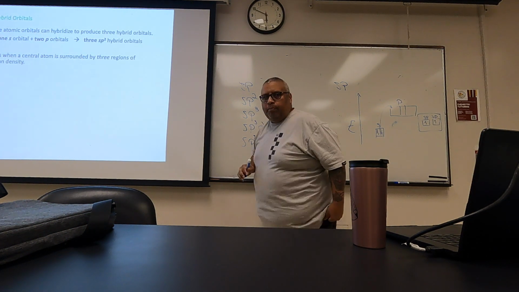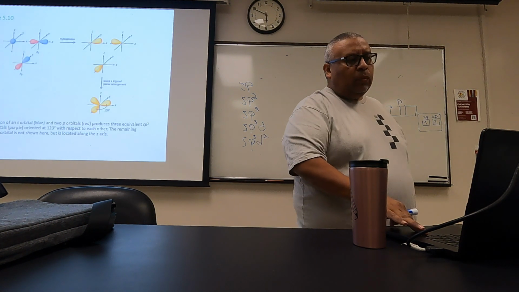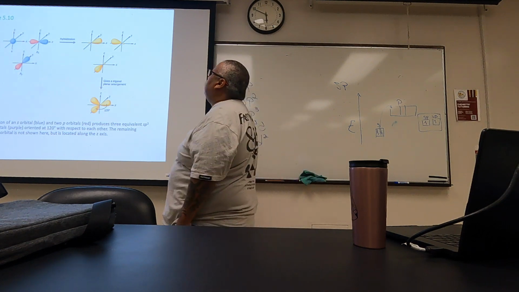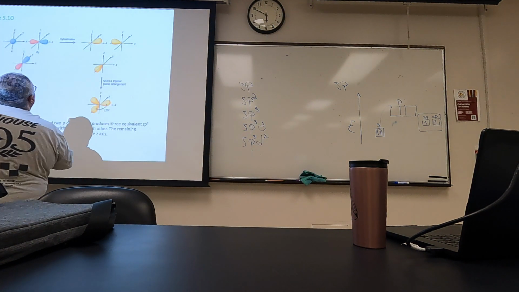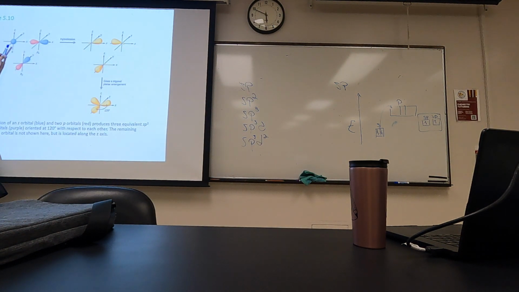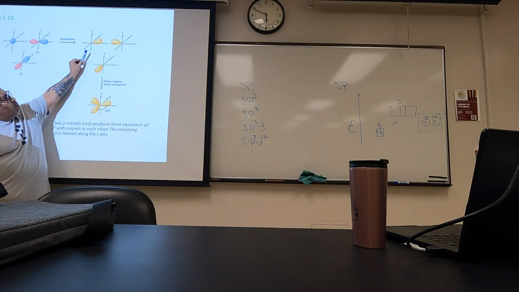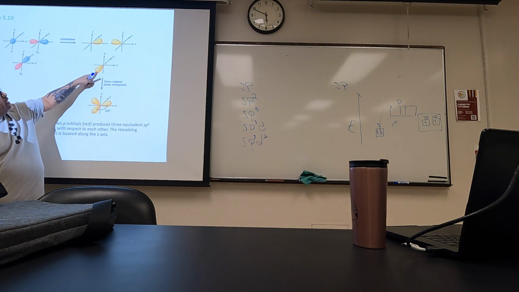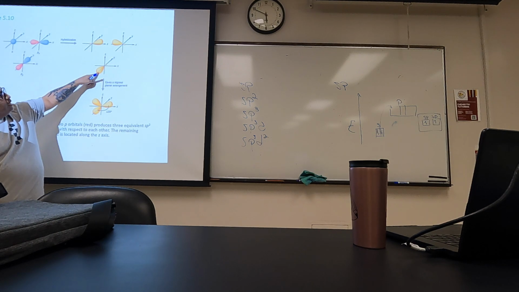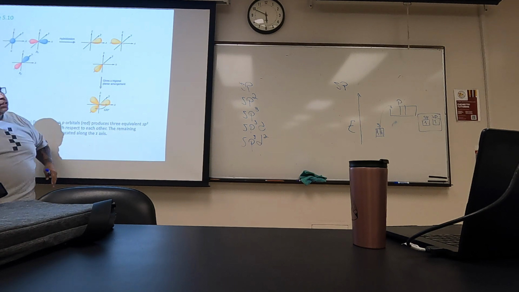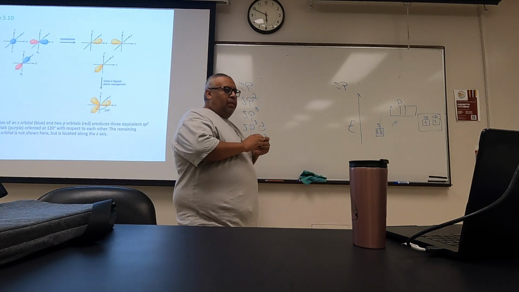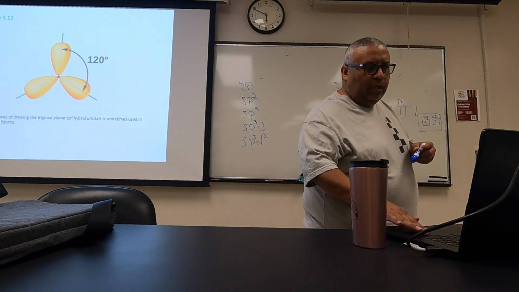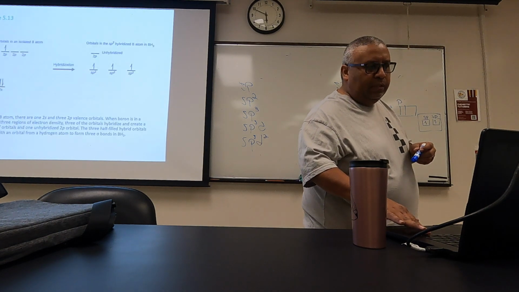When they're rearranged, we have an overlap here, and we create these orbitals with a small area of electron density but a large area of electron density. These combine in these three areas, and we get something that's considered sp2 hybridized.